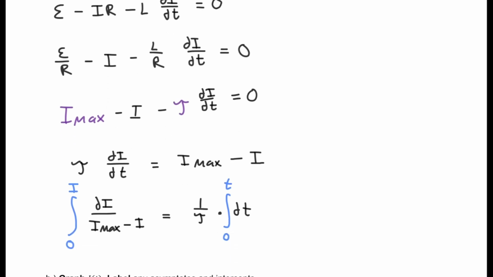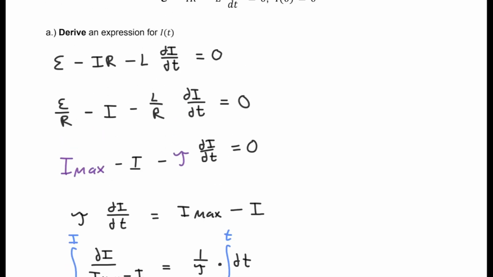So now just doing the antiderivative of each side. On the left, we would get negative ln of the quantity I max minus I, evaluated from 0 to I, is going to equal 1 over tau times just, well, integrating 0 to t of 1 just gives t.